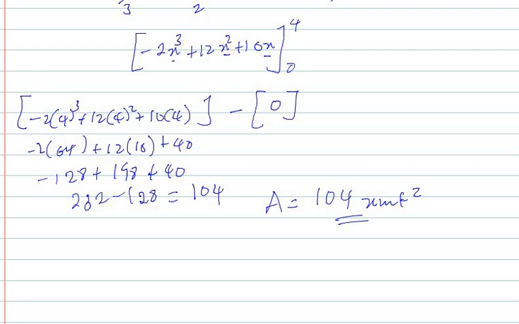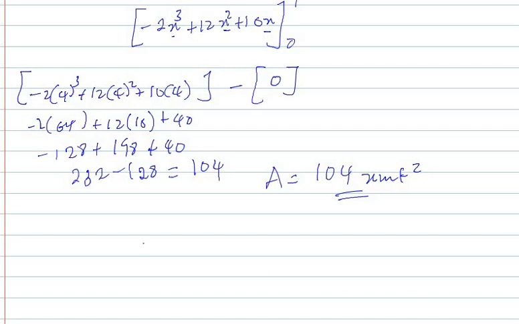So another question is to find the area of this. Let's say the area is given to find from 2 to 4. The question may be given as a numerical one, like the previous one.